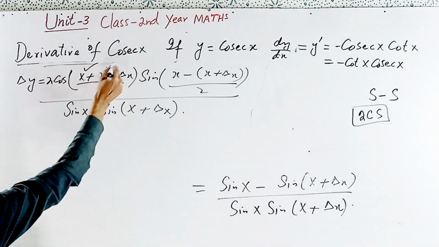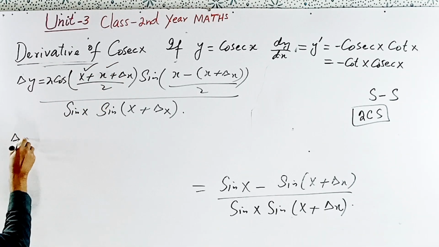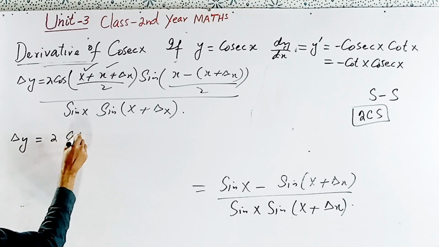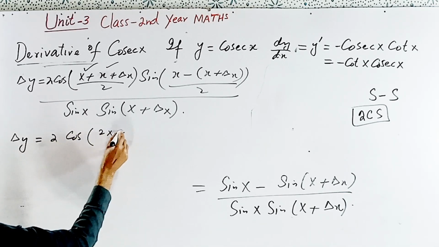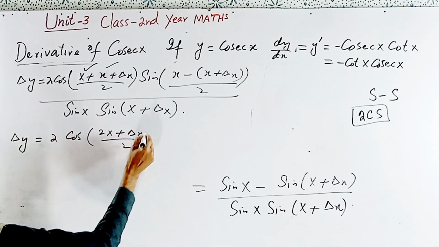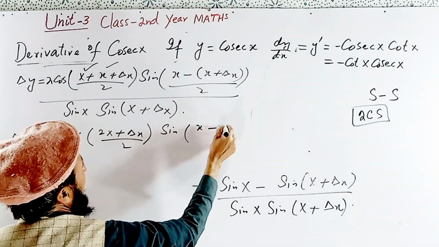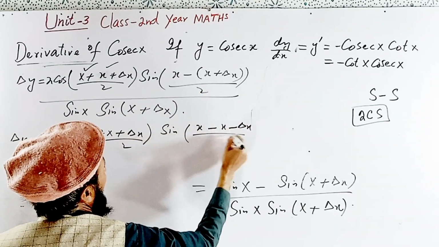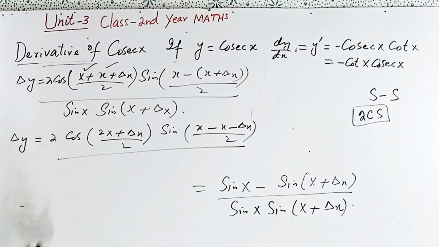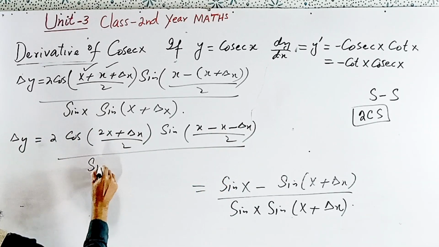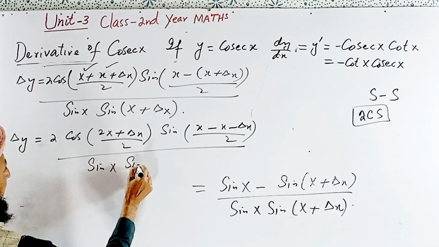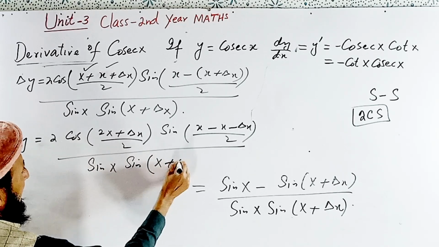Now we add x plus x and get 2x, so 2 cos of (2x plus delta x) divided by 2, and sin, we open this bracket, of minus delta x divided by 2, divided by sin x and sin of x plus delta x.